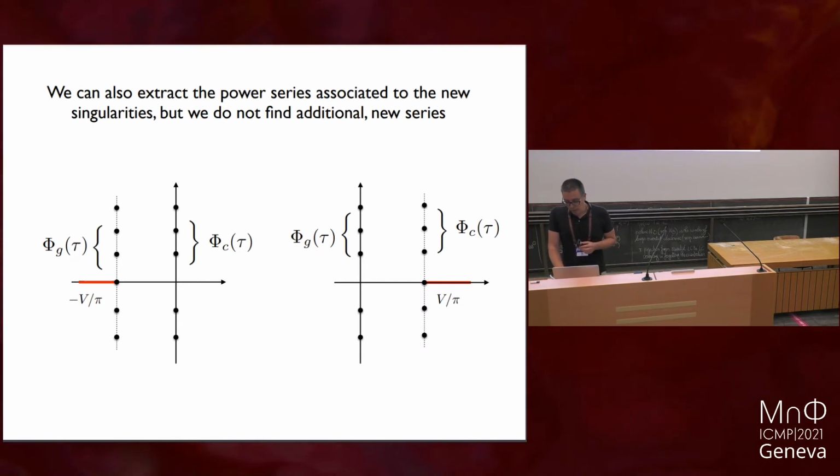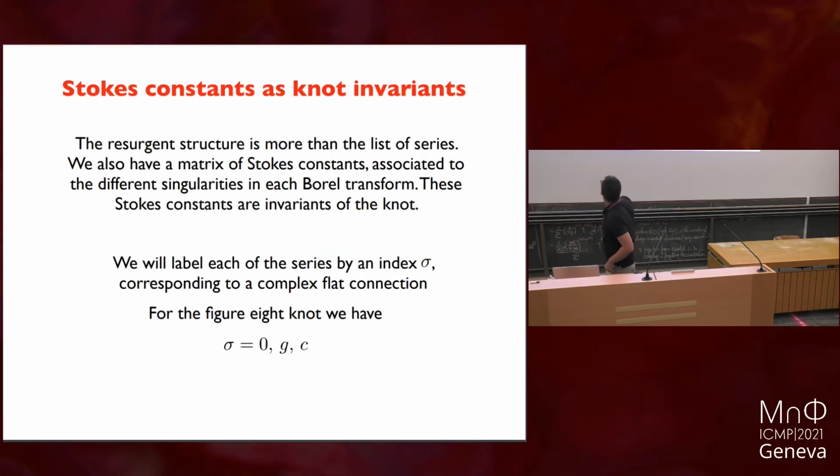Well, one could think that since these towers are essentially trivial because every singularity gives you the same series, this Stokes constant will also be trivial, will be the same one for all the singularities. But we actually found out that this is not the case, and these Stokes constants are actually very rich invariants of the knot.